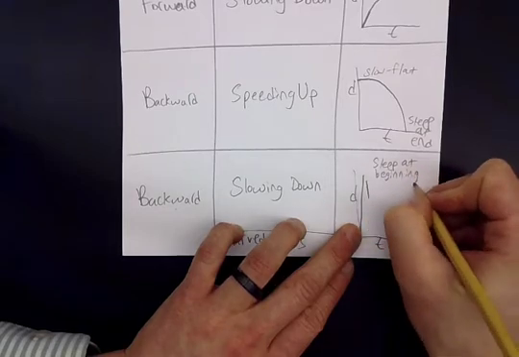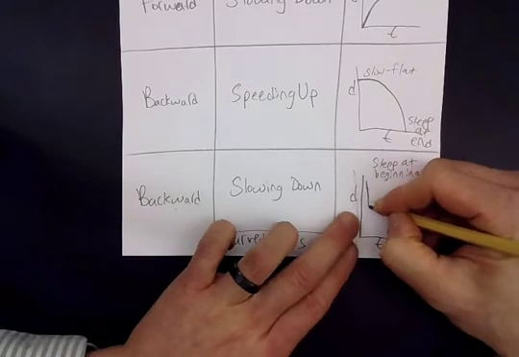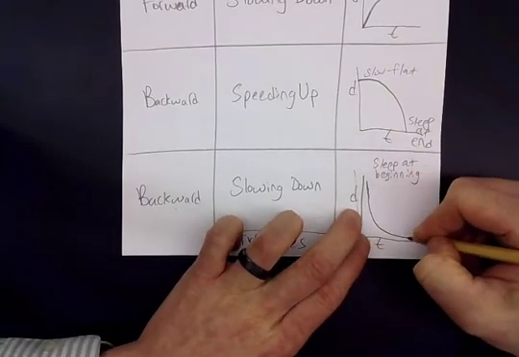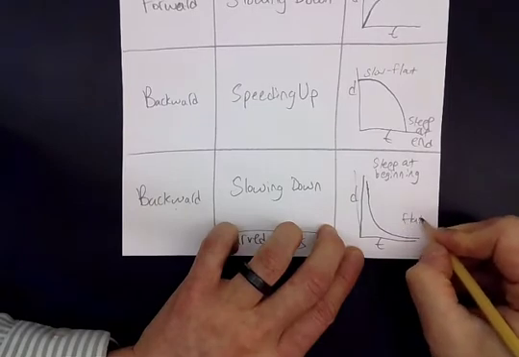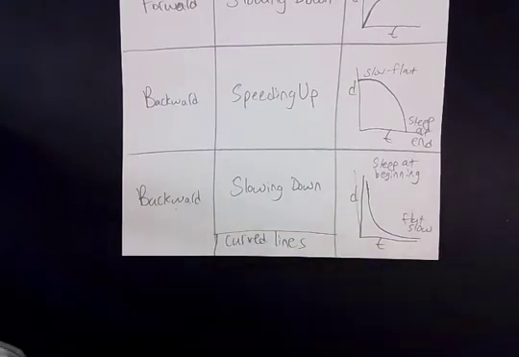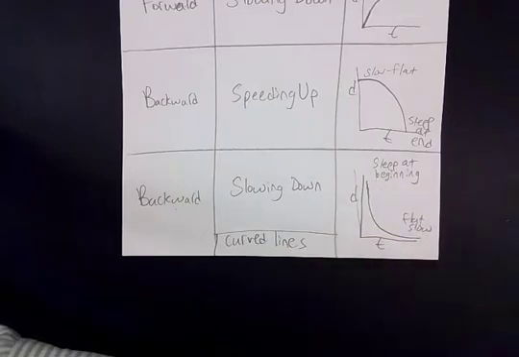But we're going to show you getting slower and slower as time goes on. So instead of getting steeper, it tends to flatten out over time. So at the end, it's very flat, which means it's very slow at the end. You start off very steep and finish off very flat, very slow at the end.